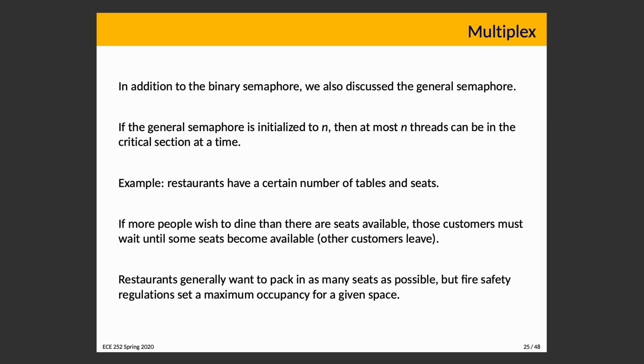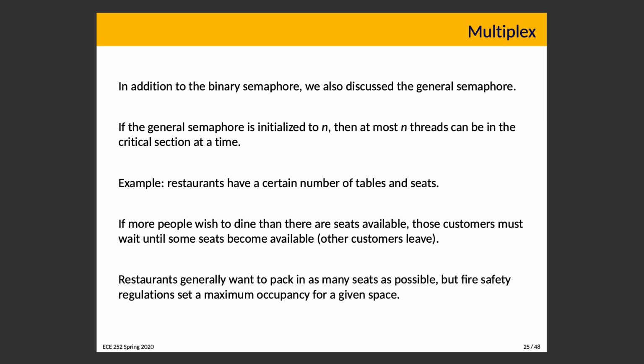Sometimes we're going to relax that constraint using the general semaphore: you can intentionally initialize a semaphore to some value n, allowing n threads to be in a critical section at the same time. Panic and freak out, I know: what do you mean multiple threads in the critical section at the same time? It depends what's in your critical section.